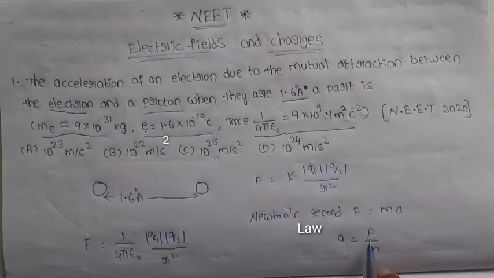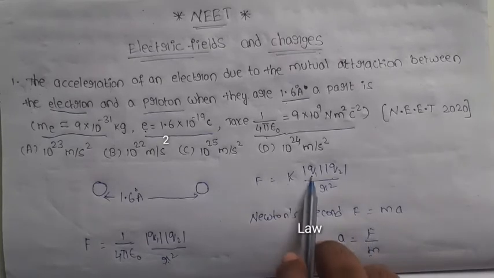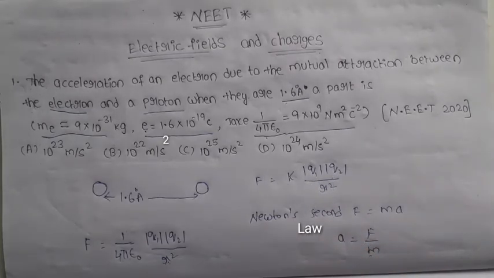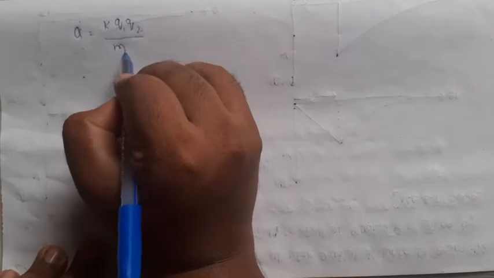I am substituting F equal to K into Q1 Q2 by R square. It becomes a equal to K into Q1 Q2 by m into R square.